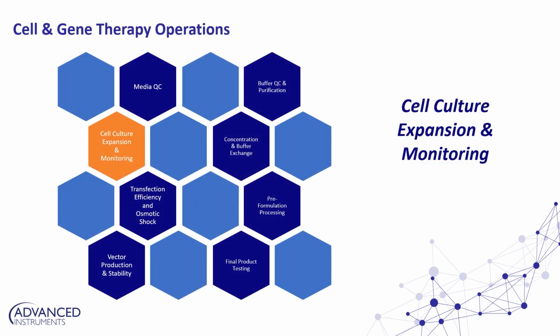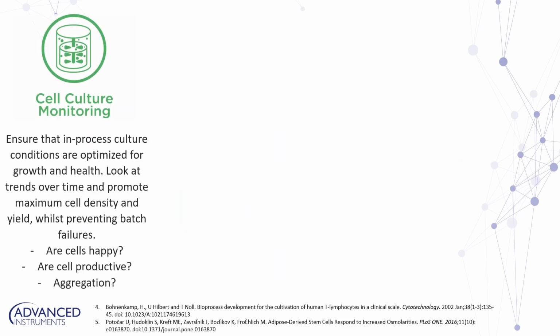Obviously, once you have your chosen cell line and your media within the correct specification, you need to be able to optimize your conditions for that cell culture expansion. First off, I wanted to show the usual use case for osmolality within cell culture monitoring. The key to the use of osmolality is that of optimization.